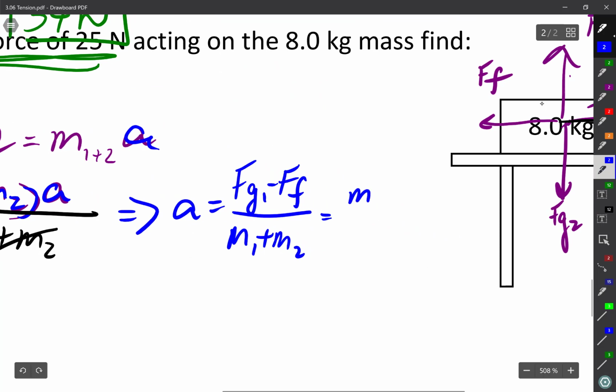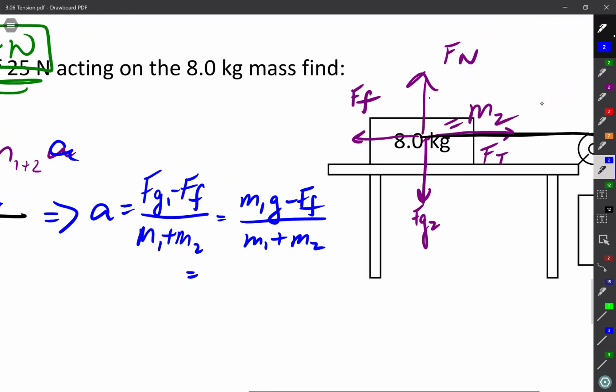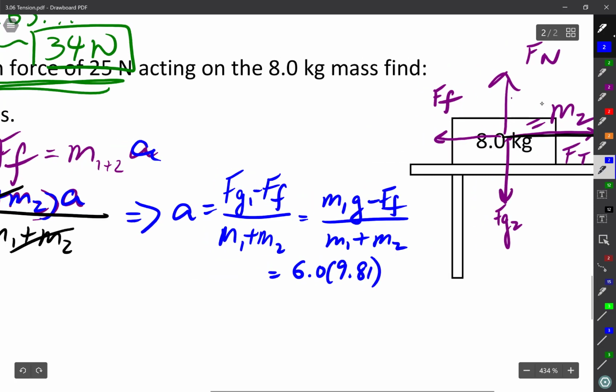Fg1 becomes m1g, so a equals m1g minus force of friction divided by m1 plus m2. M1 we have as 6 kilograms times 9.81. And our friction force is 25 newtons, as stated in our problem, divided by both masses, the 8 kilogram and the 6 kilogram.